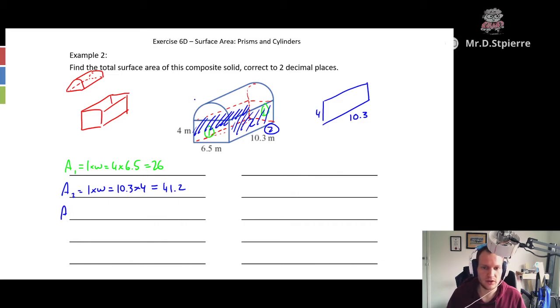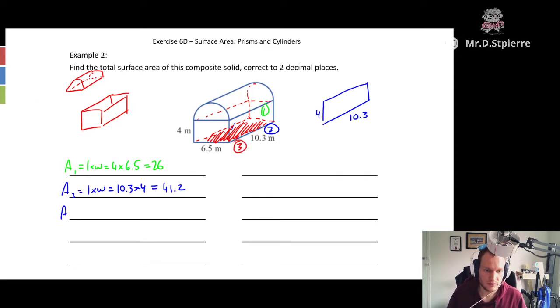I'm just going to do some erasing, make it easier to see. We've also got the base, this base down here, which we'll call 3.